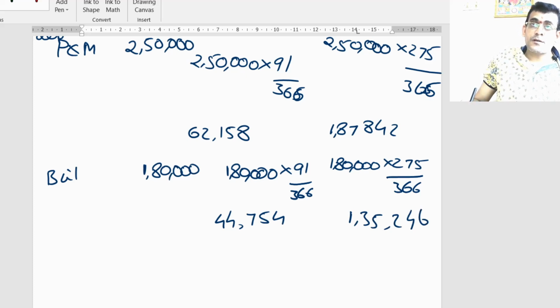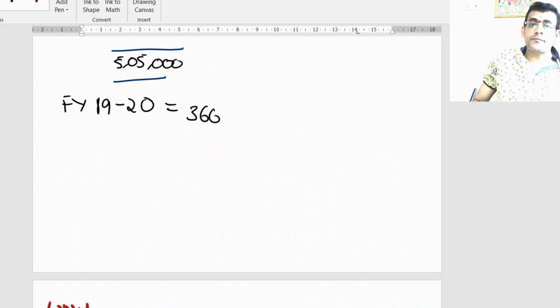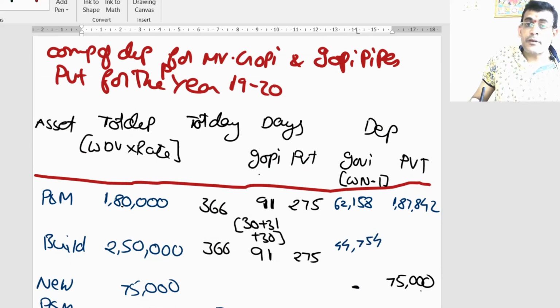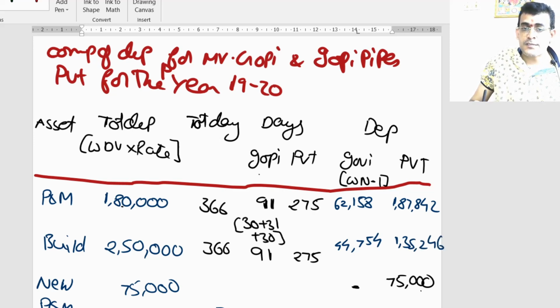Now if we fill this in the table, 44,754 is the amount of depreciation for Gopi, and coming to this, 1,35,246. Now this is the total amount of depreciation which Gopi and Gopi Pipes Private Limited can consider.